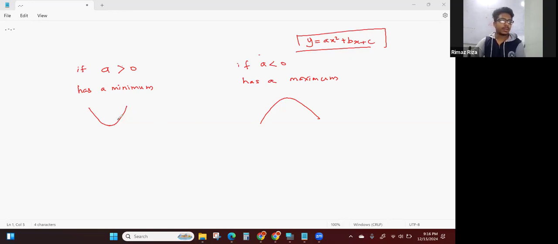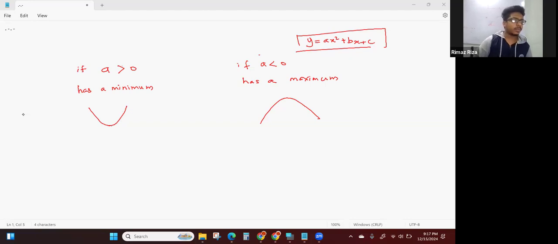So this is something like a trench. So when you're going through a trench, there will be a bottom point, deep point. So it has a minimum point. This is the minimum point, and then here the maximum. The graph will be maximum.